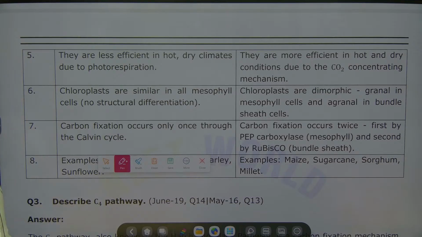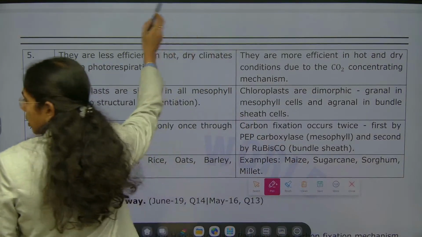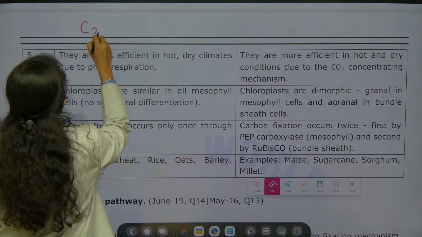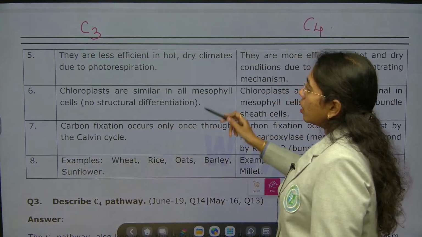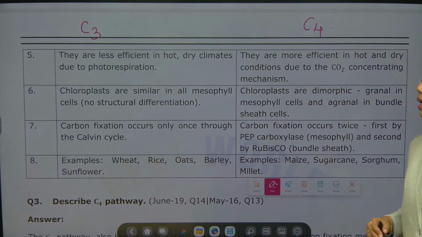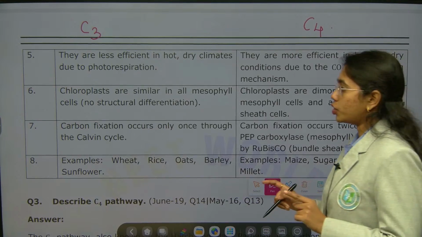Yeah, here we go. This is for C3 plants and C4. Here chloroplasts are similar in all mesophyll cells, whereas here chloroplasts are dimorphic, granal in mesophyll cells and agranal in bundle sheath cells.